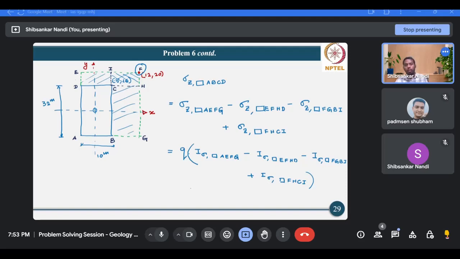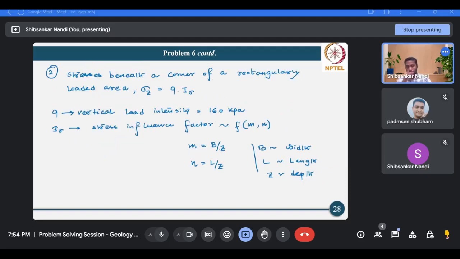We have discussed earlier that this stress influence factor is a function of M and N, two normalized variables, where M is B upon Z and N is L upon Z. B is the width of the rectangular loaded area and L is the length.